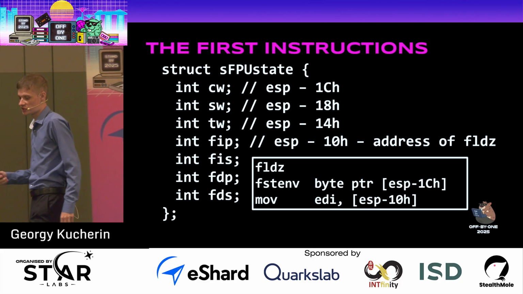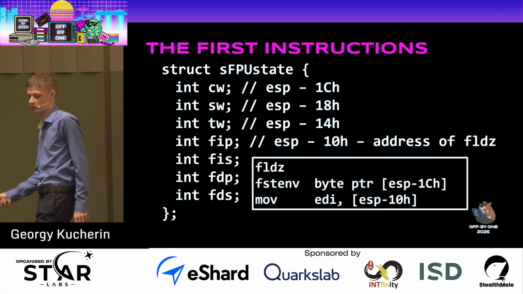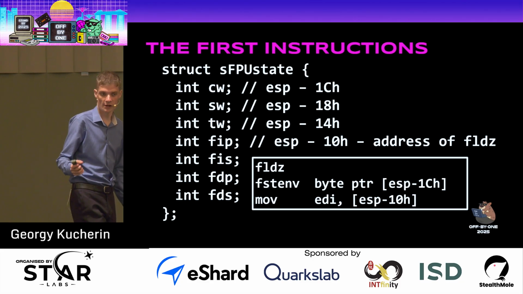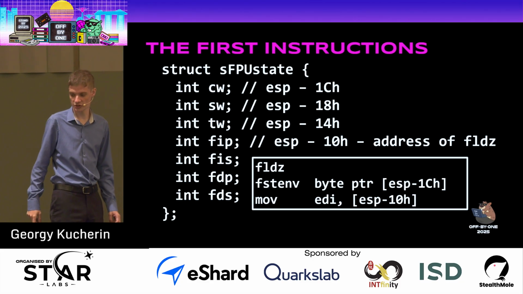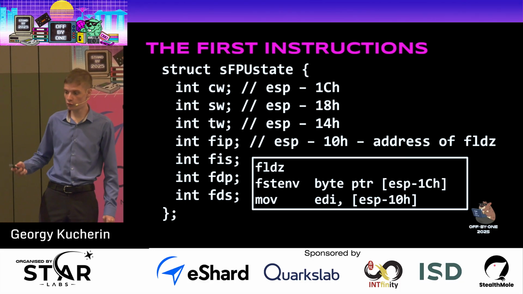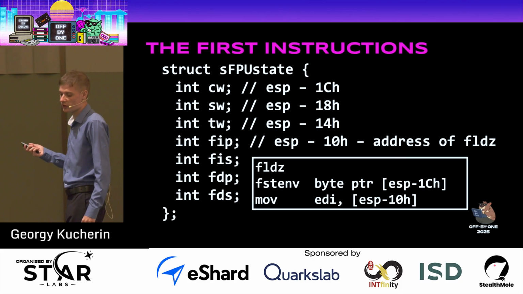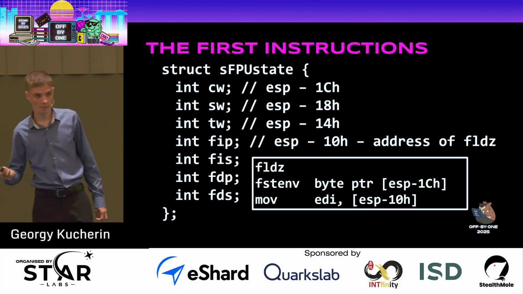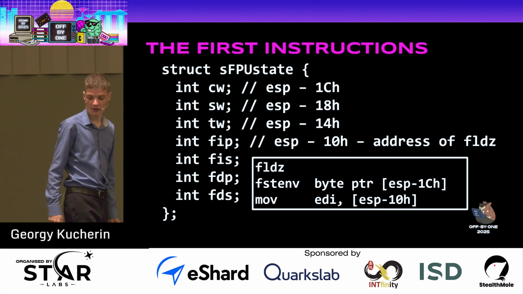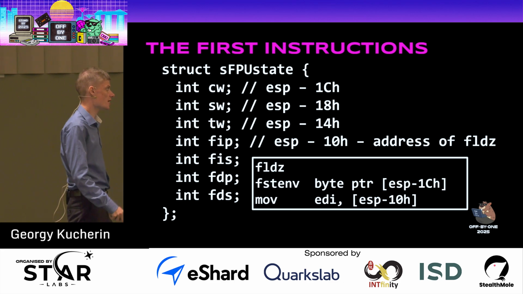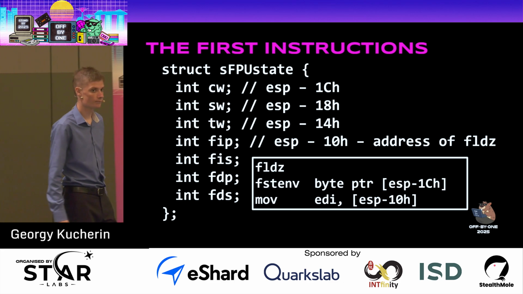And now we see that after the FSTENV instruction, we execute a move instruction which takes the value from the ESP-10 address to the EDI register. And if we match the addresses in our structure, we can see by calculating offsets that the address ESP-10 corresponds to the FIP structure member.